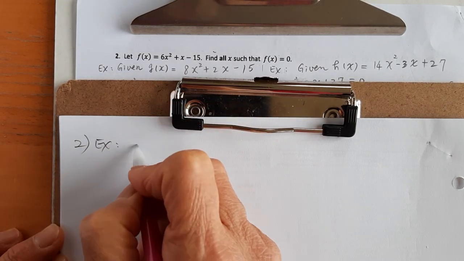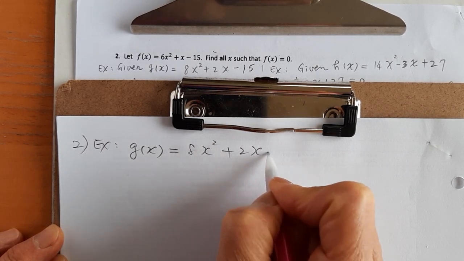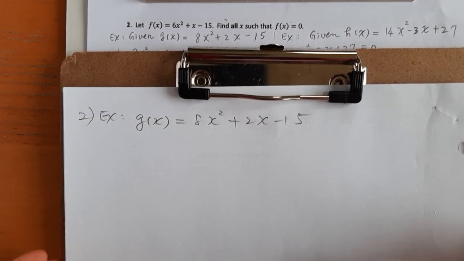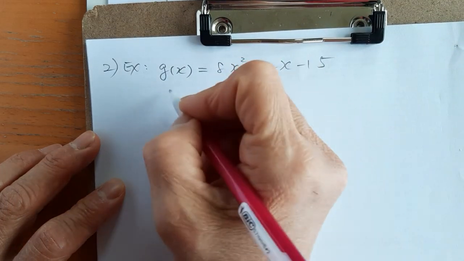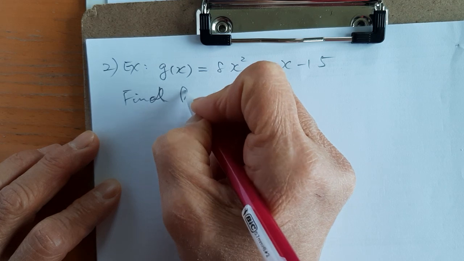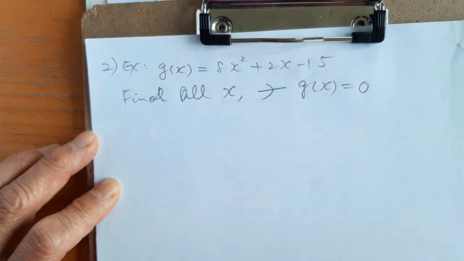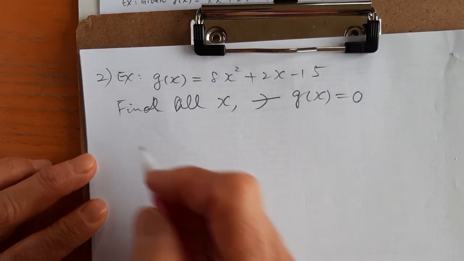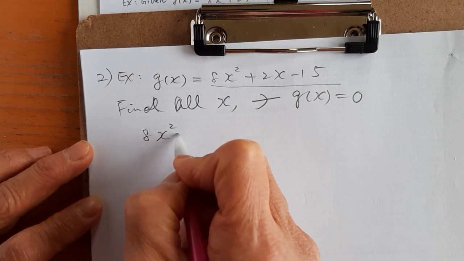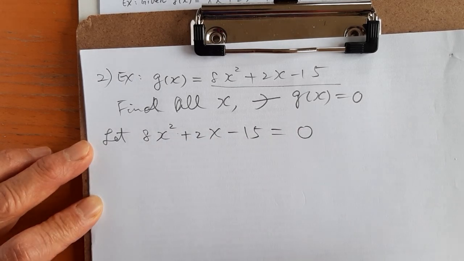Example: given function g of x is 8x squared plus 2x minus 15, and what we are going to do is find all x such that g of x equals 0, function value equals 0. So how to do it? You just let g of x equal 0, let 8x squared plus 2x minus 15 equal 0.